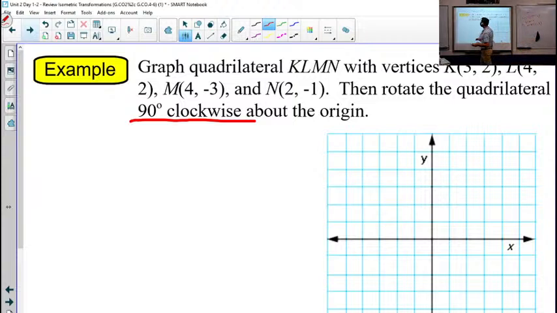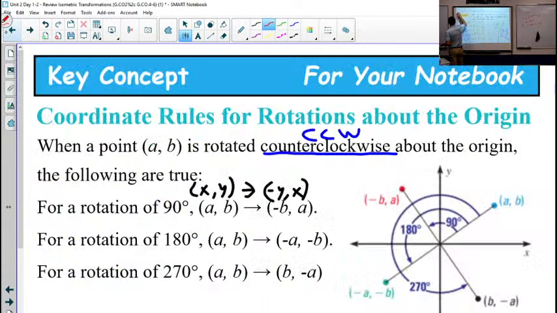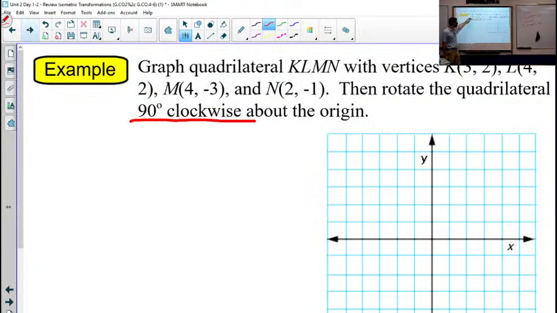Well, if I go back, all my coordinate rules are written as counterclockwise. So the question I want you to think about while we're getting these coordinates down is, how can we put 90 degrees clockwise in terms of going counterclockwise? How is 90 degrees clockwise going to relate to counterclockwise?